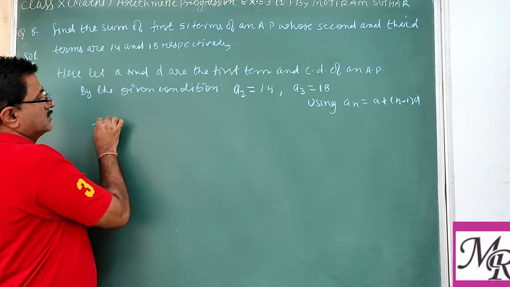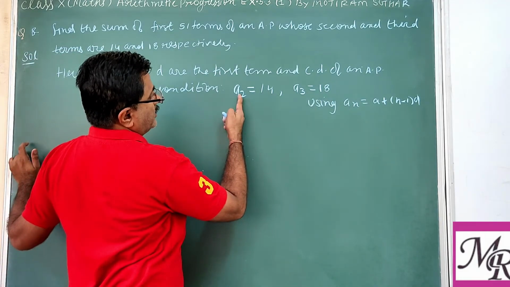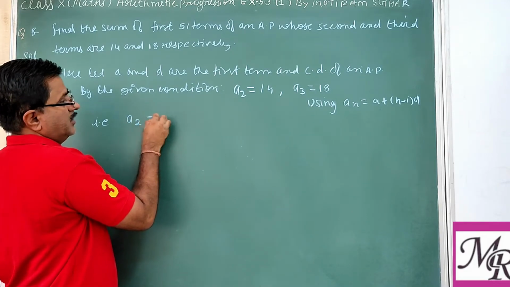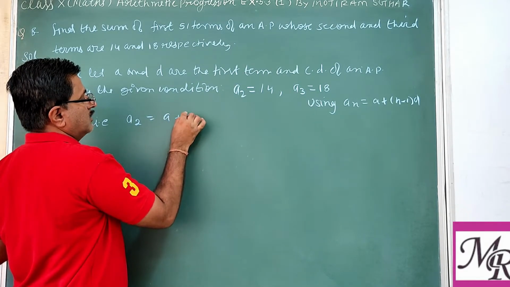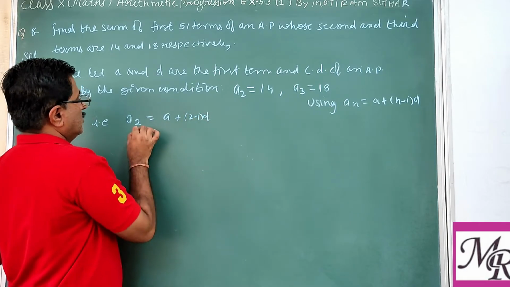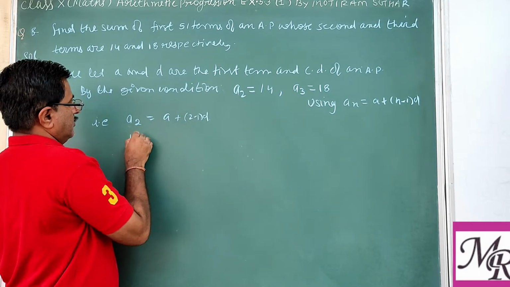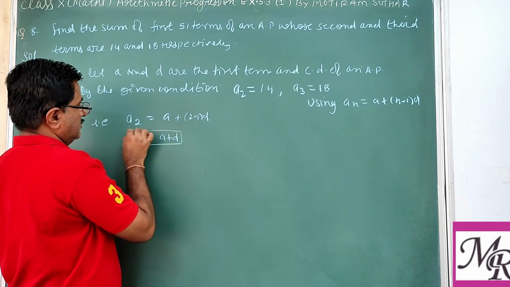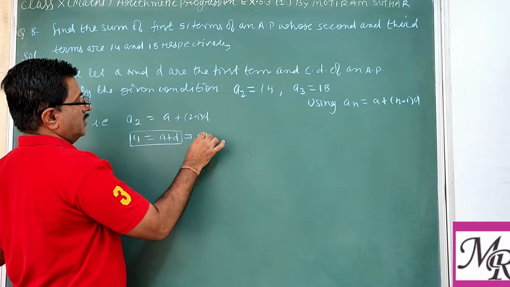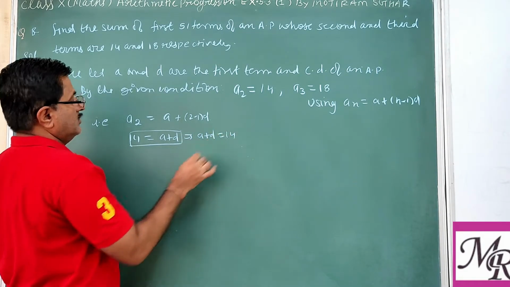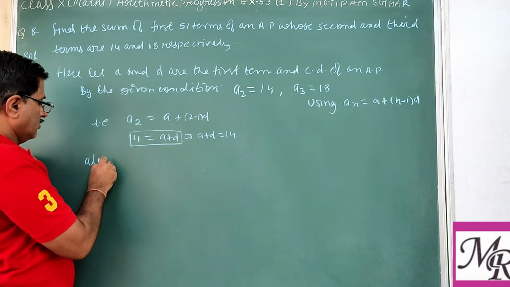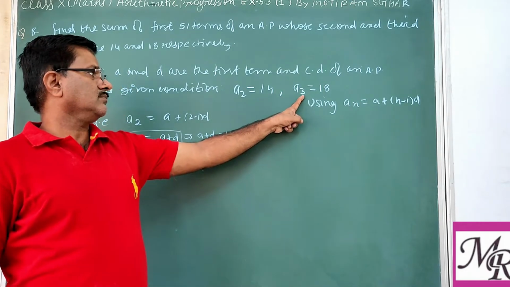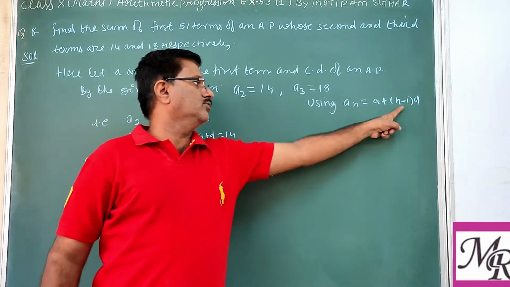So for this, use the formula with n as 2. A2 can be written as a plus (2 minus 1) into d. So the A2 value is 14, equal to a plus d. So this is equation number 1, a plus d equal to 14. Also, here A3 equals 18, n equal to 3 you put here.